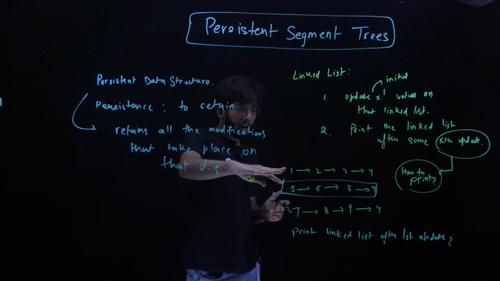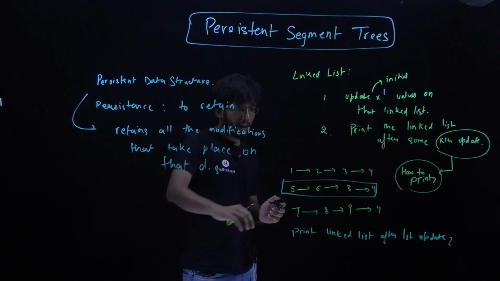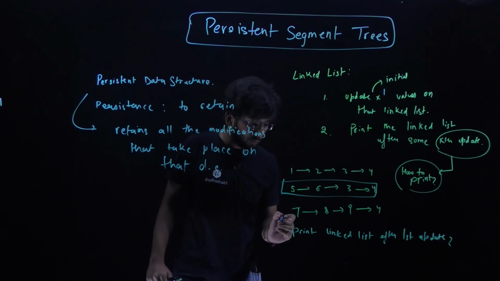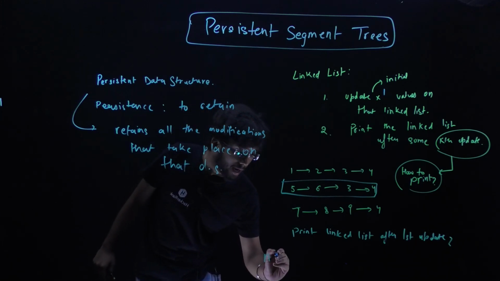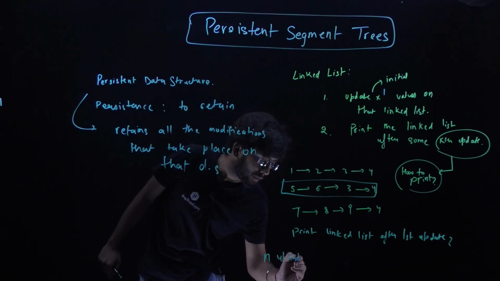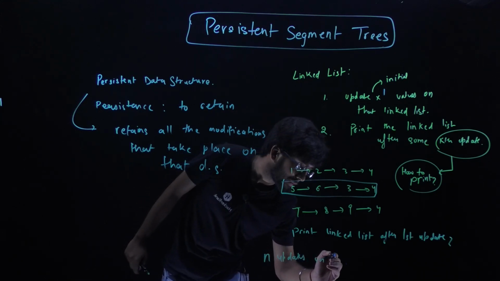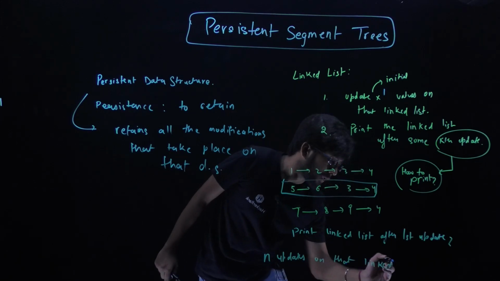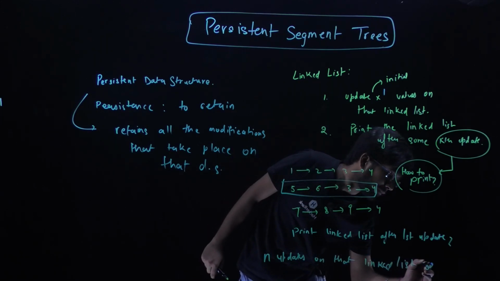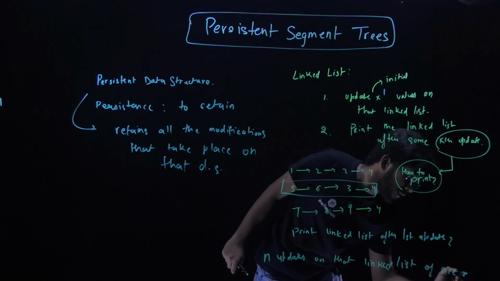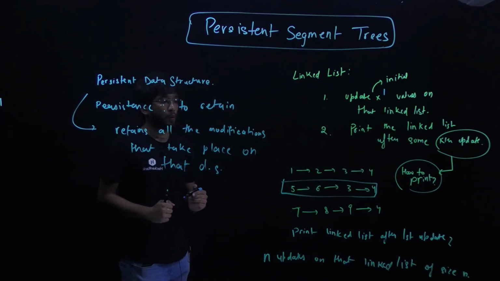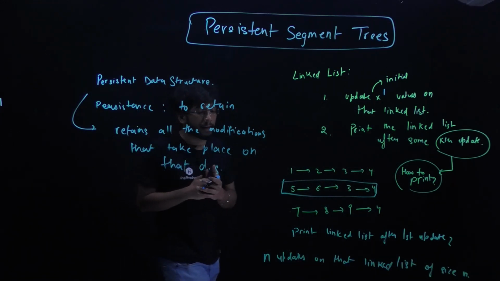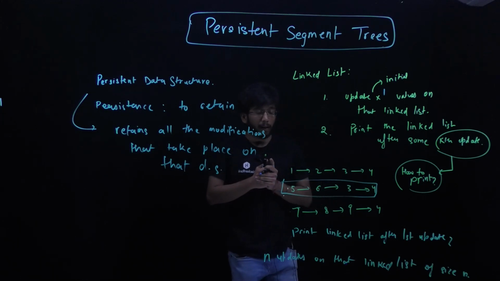Because if we construct a new linked list every time, then let's suppose we have n updates on a linked list of size n. Can you guess the complexity of this whole thing? Yeah.